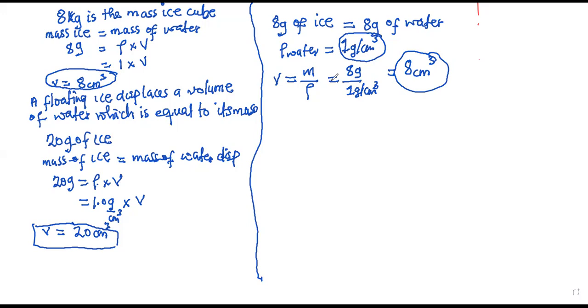When the ice melts and forms water, the volume of the water formed will also be equal to 8 cm cube. So 8 cm cube of space is created and filled by the ice. When it melts and the ice is no more, the ice turns to 8 cm cube of water. So the water would occupy the space or the volume which was occupied by the ice.